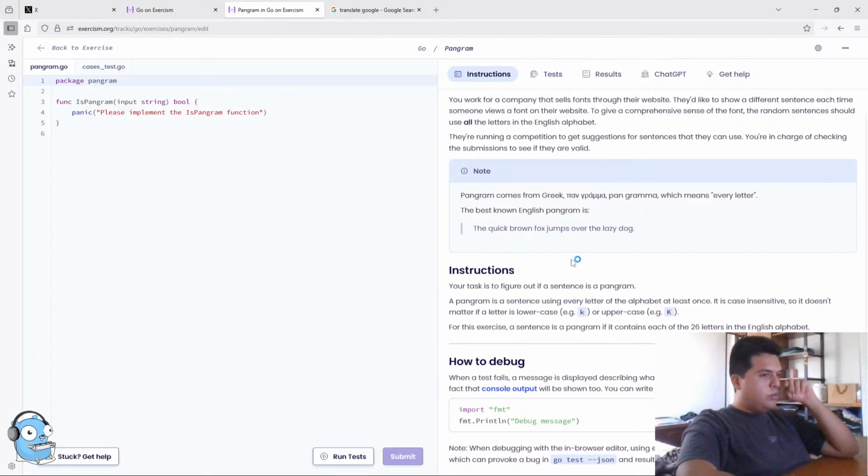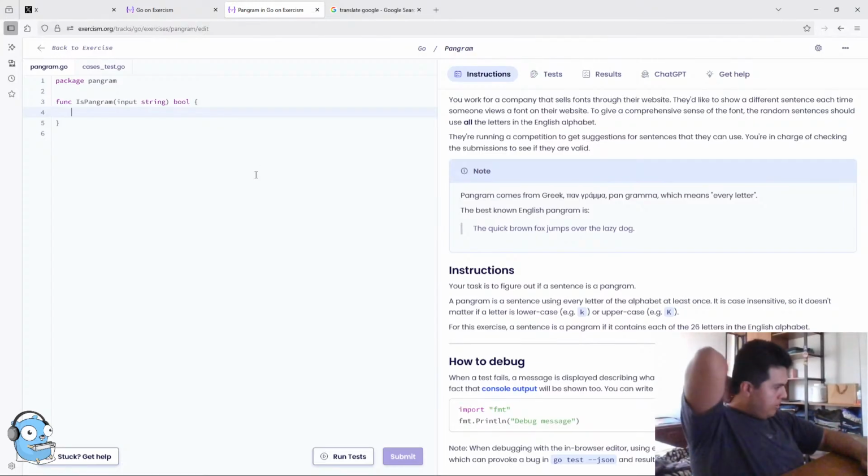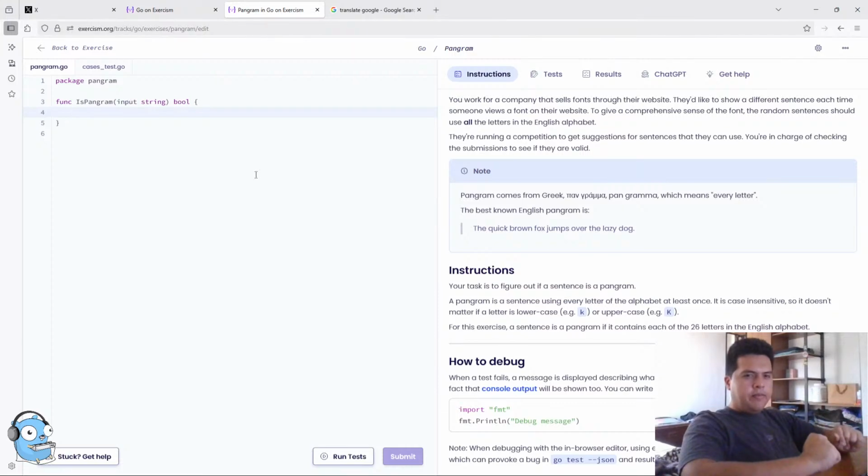Okay, how to go? How can I know how to do this? Okay, I have an idea. I will use every letter, 26.